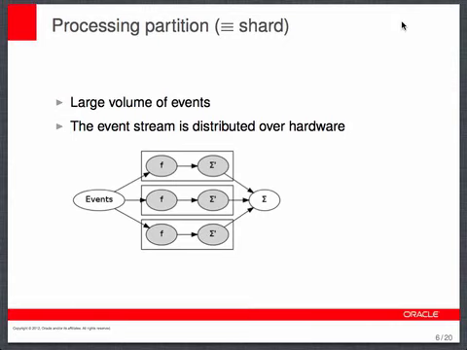So we've got a large volume of events. I've sort of hinted at this before. And the events are streaming through the system. We can't fit it into one memory space, into one process, so we've got to shard it or split it up across different processing partitions. And here, just a very simple diagram showing we're doing some processing on the input, and at each processing partition, we're calculating or accumulating part of the answer.